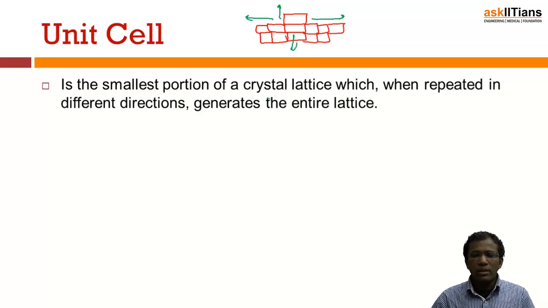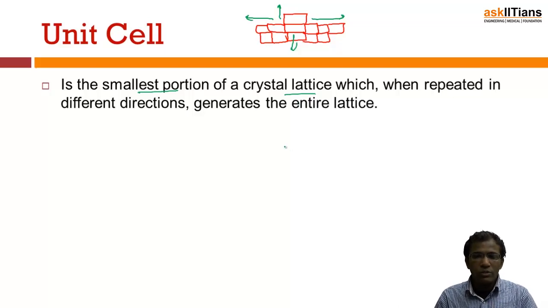The similar thing happens here also. The unit cell is the smallest portion of a crystal lattice. We know that a crystal lattice is a 3D arrangement of points, and this crystal lattice is formed by unit cells. Like a wall is formed by a brick, a crystal lattice is formed by unit cells, and the unit cell itself is the smallest portion; you cannot find a portion even smaller than the unit cell. It is a basic repeating unit.